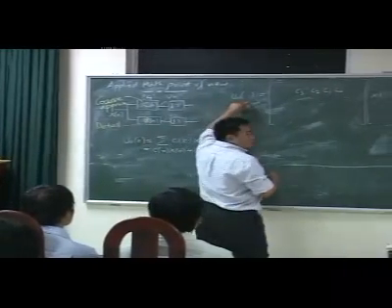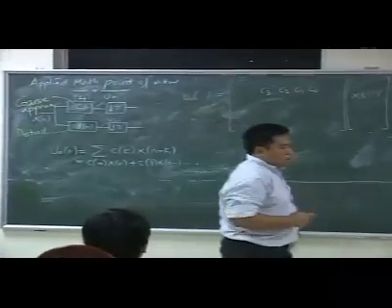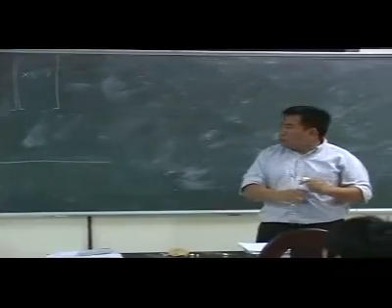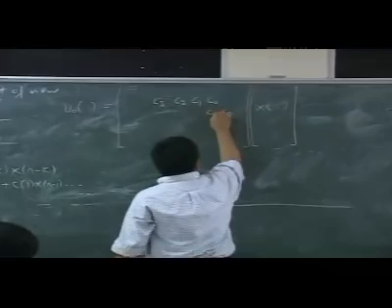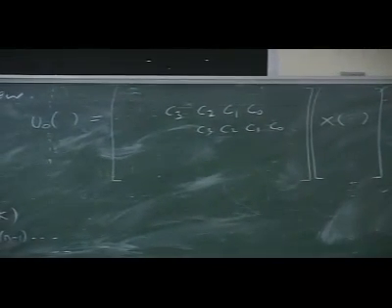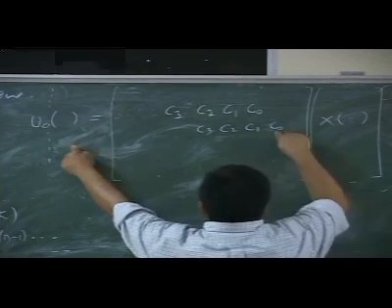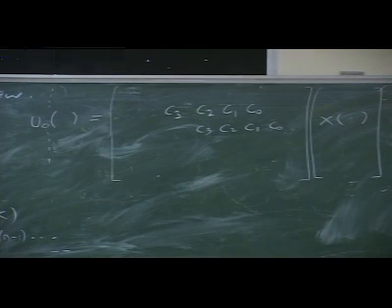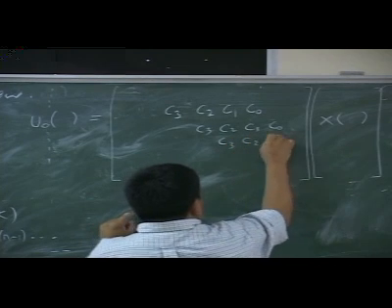What is the next sample? How do I write the next sample? Shift to the right: C0, C1, C2, C3, because the next one is C0 times this one, and so on.